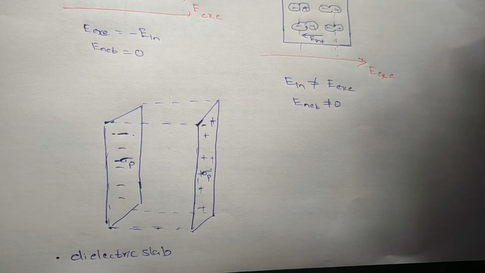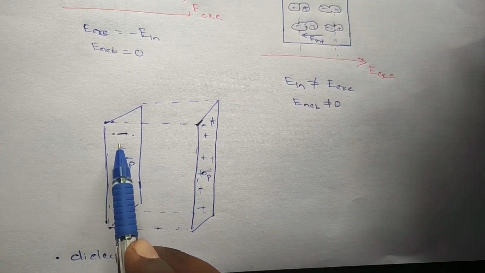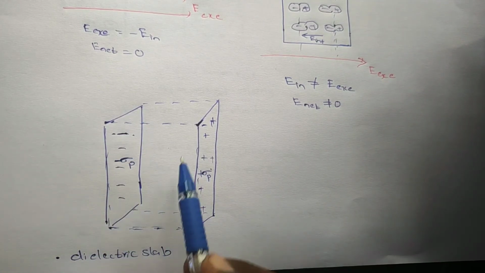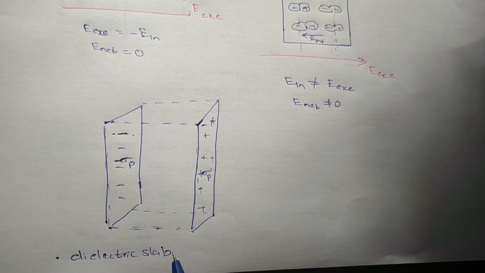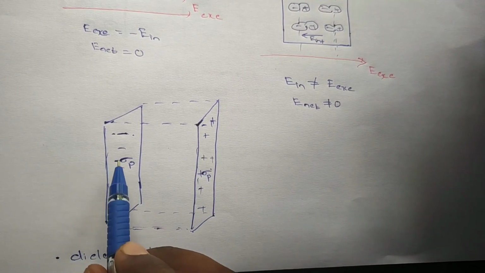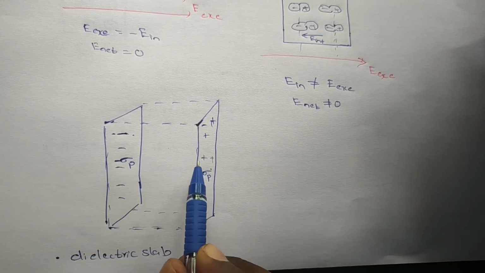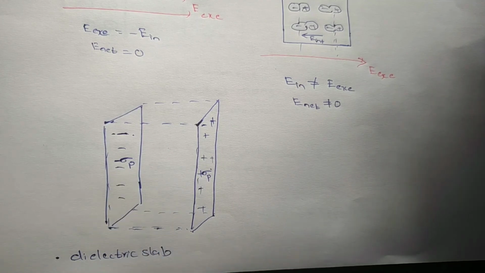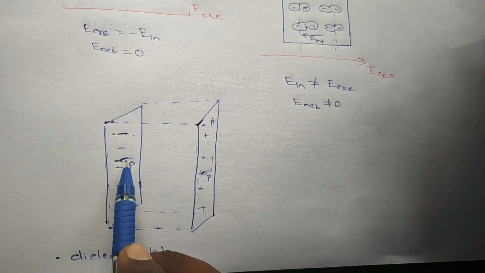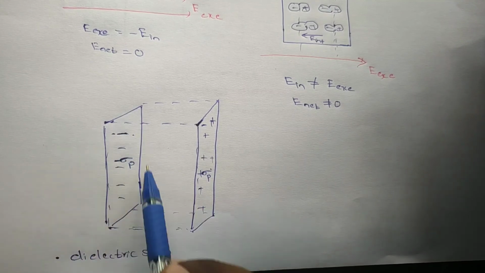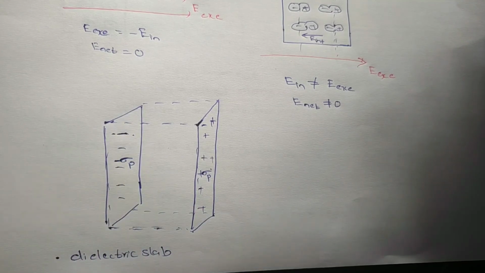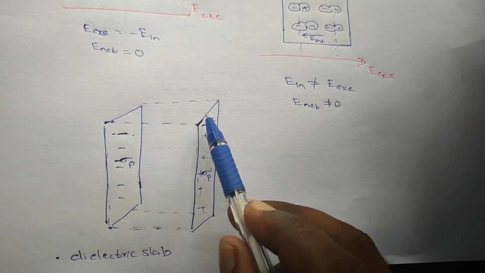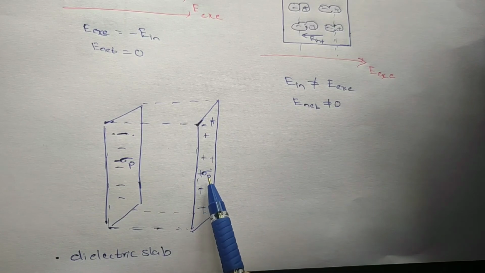This surface has a negative charge and this surface has a positive charge. So what electric field is produced by these two surfaces? This surface acts like a plain sheet having polarized negative charge, and this is also a plain sheet having positive surface charge.